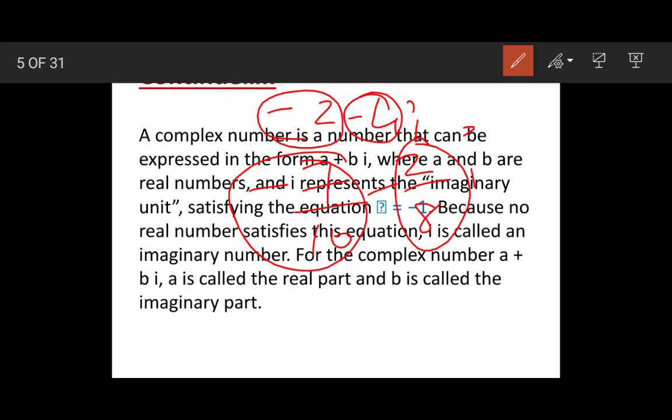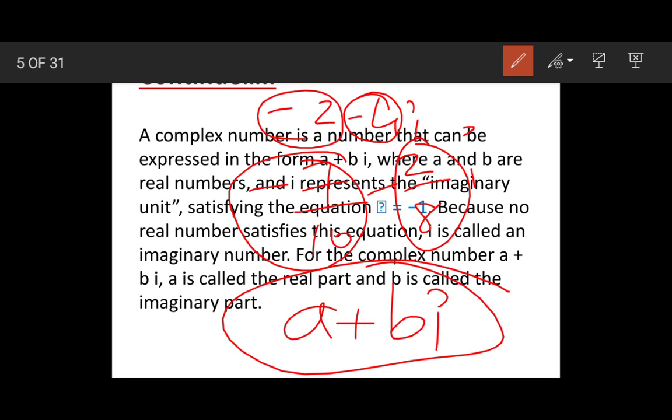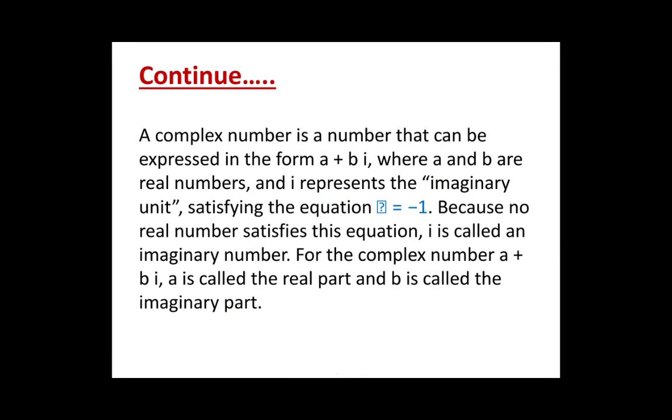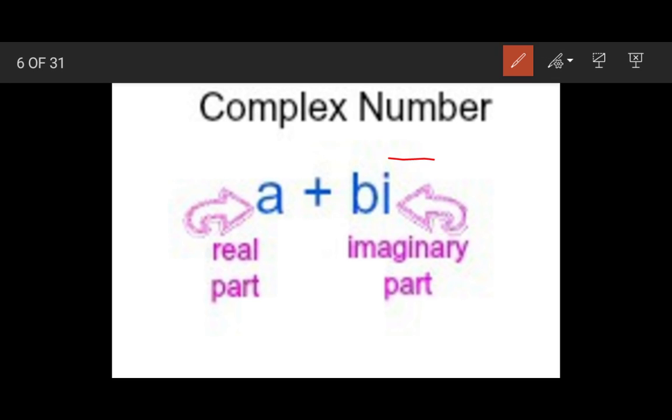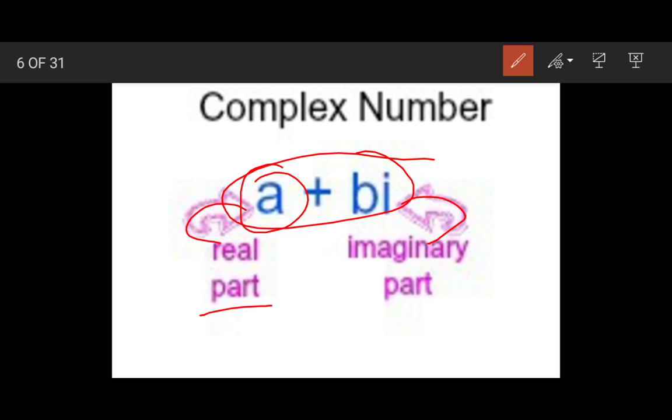Any number which is written in this form, a plus bi, is known as a complex number. So a is known as the real part, bi is known as the imaginary part, where i is equal to root of -1.